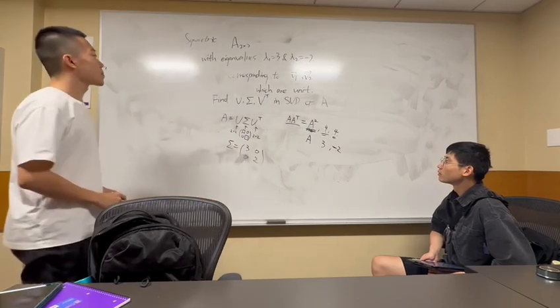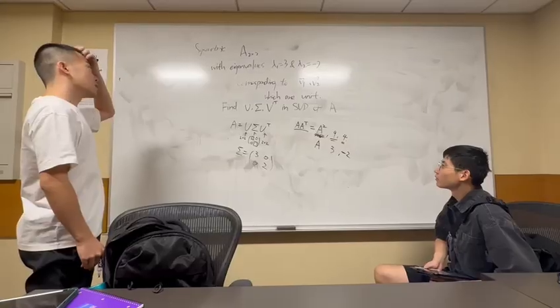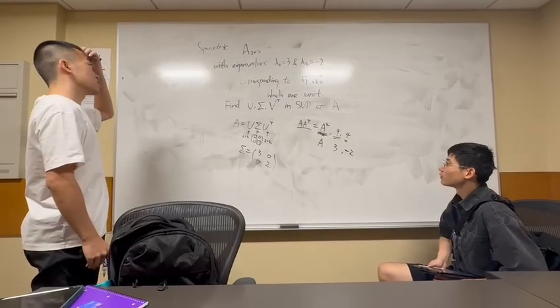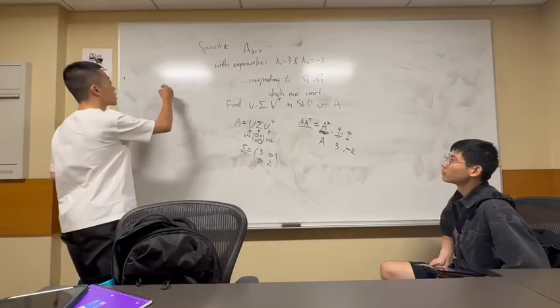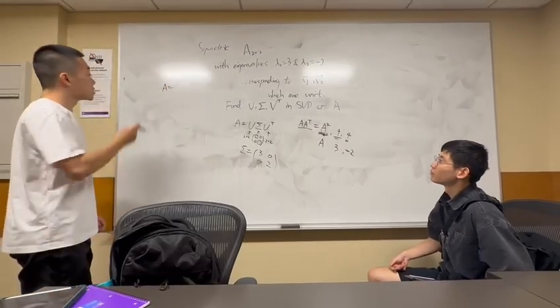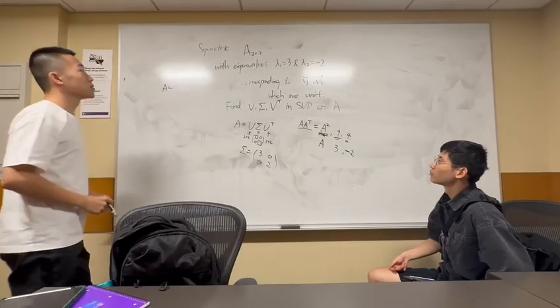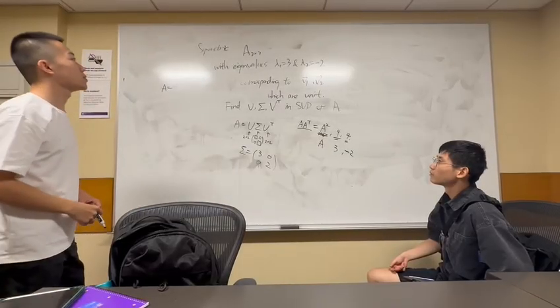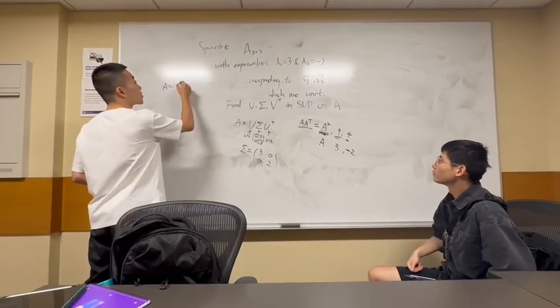And then how to work out U and V? Because A is symmetric, there is a more tricky way to do that. So first we can just diagonalize A, because we already know these eigenvalues and eigenvectors.